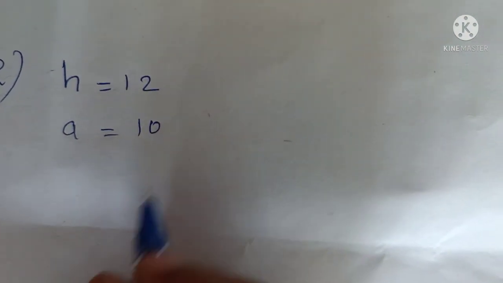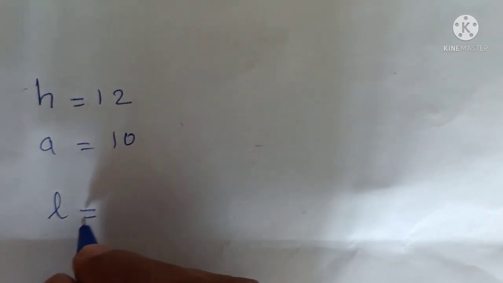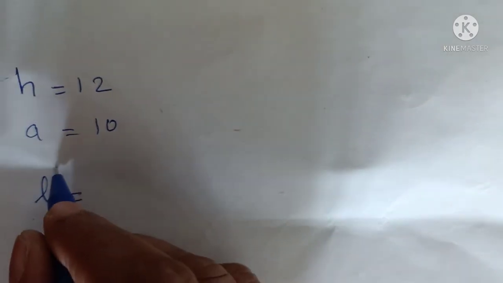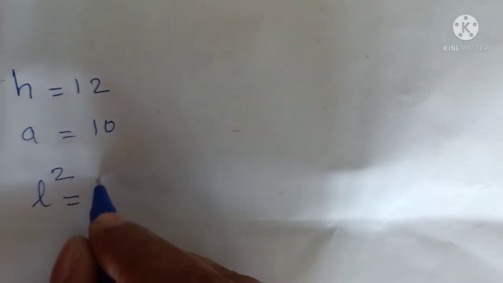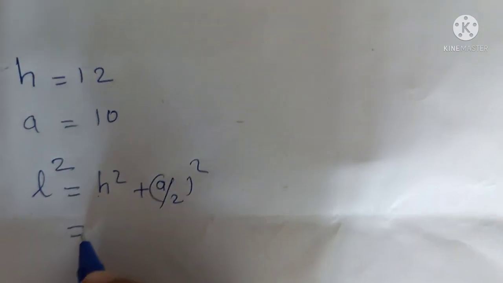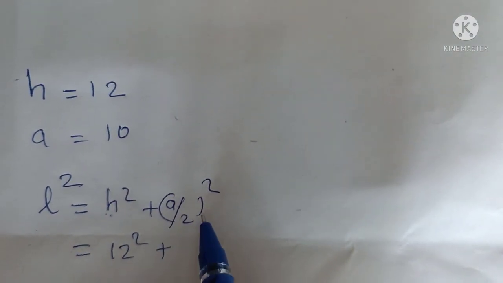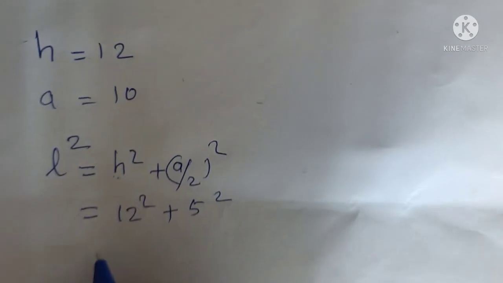Then we need the slant height. Slant height l: l squared is equal to h squared plus (a by 2) the whole squared. That is 12 squared plus (a by 2) squared, which is 5 squared.